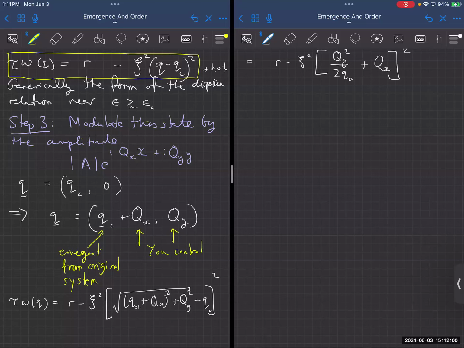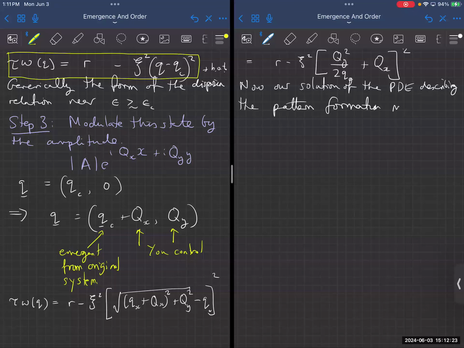So now let's go and look at what the actual function looks like. So now our solution of the partial differential equation describing the pattern formation must be this.